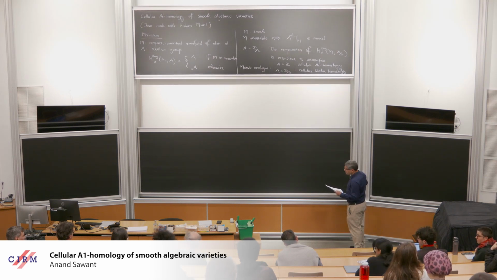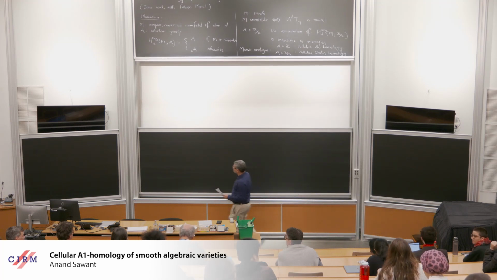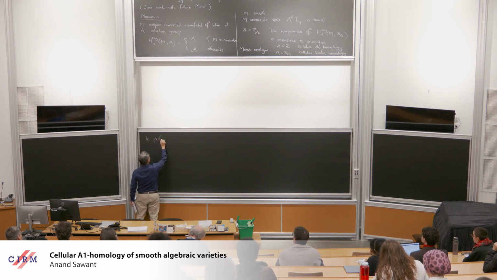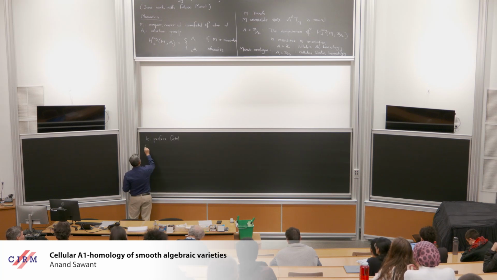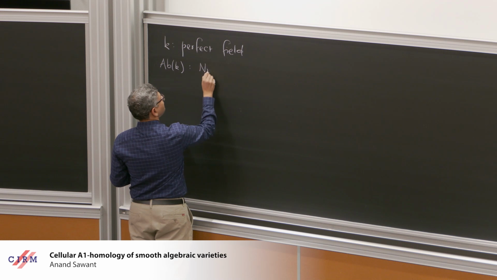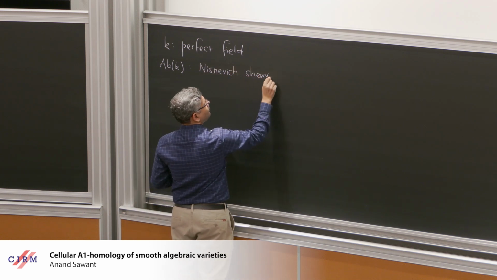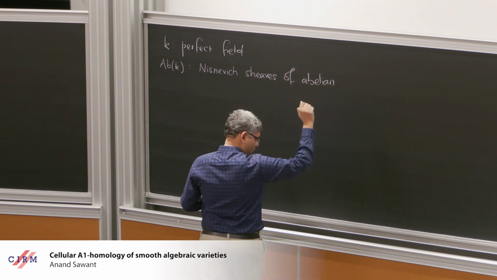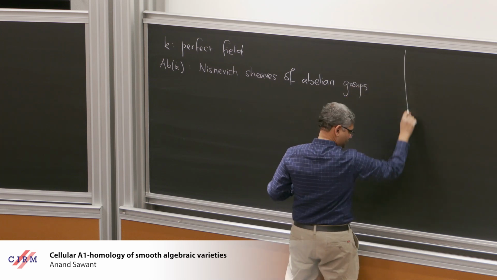So let me begin by introducing the setting. I'll always work over a perfect field K, and I'll denote by Ab K the abelian category of Nisnevich sheaves of abelian groups on smooth schemes.